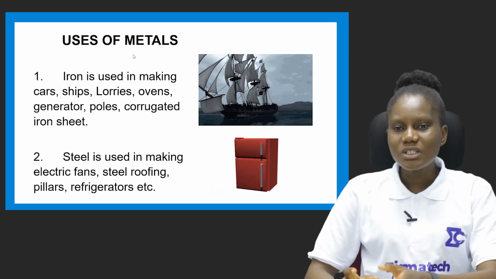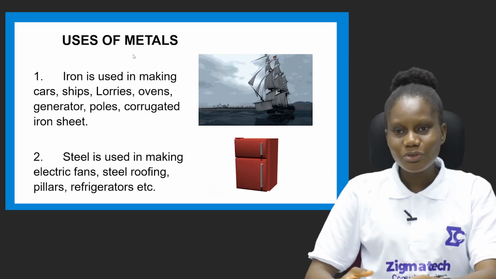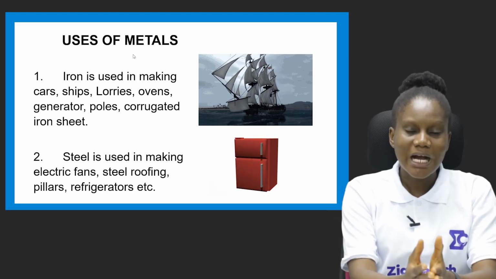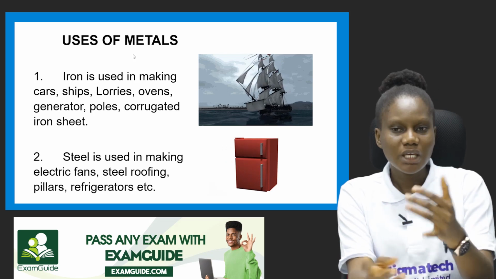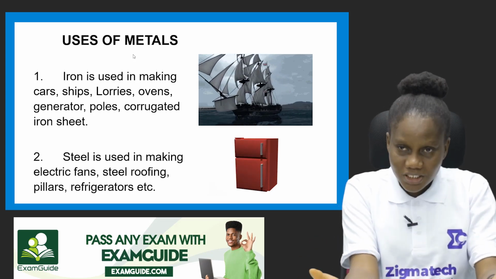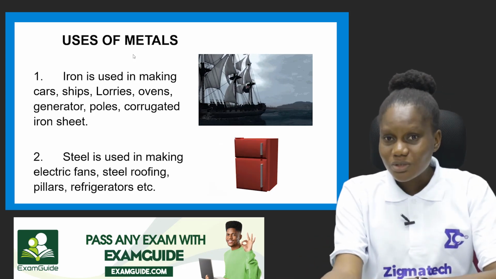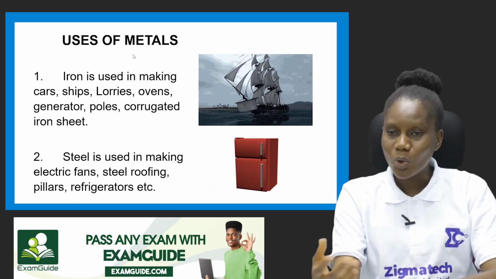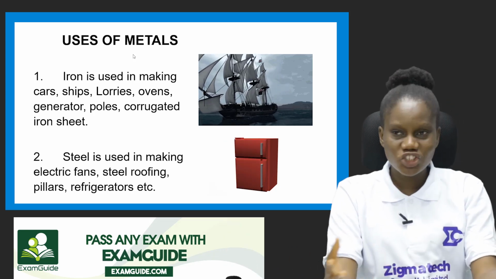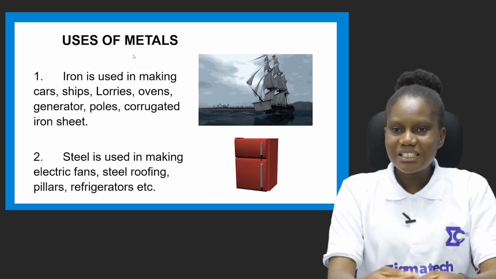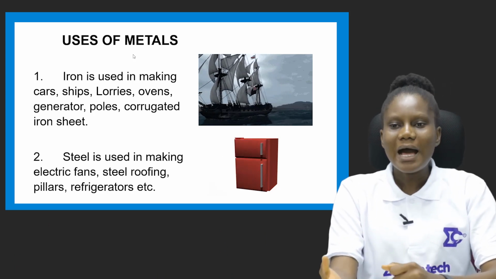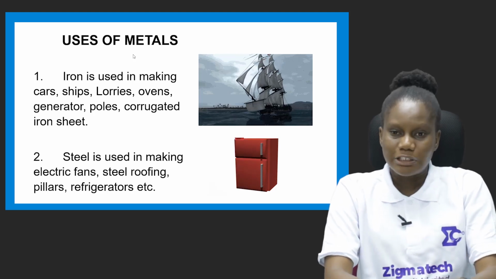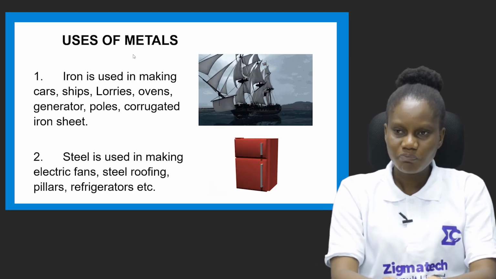Number 1, we have iron. Iron is used in making cars. You may be surprised that your cars are metals too. Iron is used in making cars, ships, lorries, ovens, generators, poles, and corrugated iron sheets. These are things that are produced from iron, and they all fall under the category of metals.